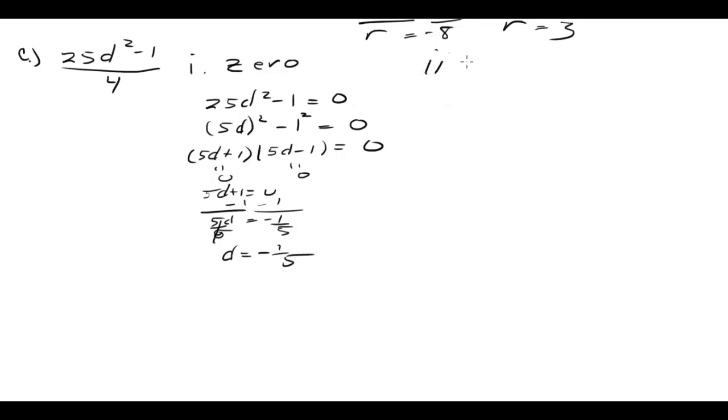When is this undefined? It's undefined when the denominator equals 0. But wait a minute, the denominator is 4. So 4 is not 0.